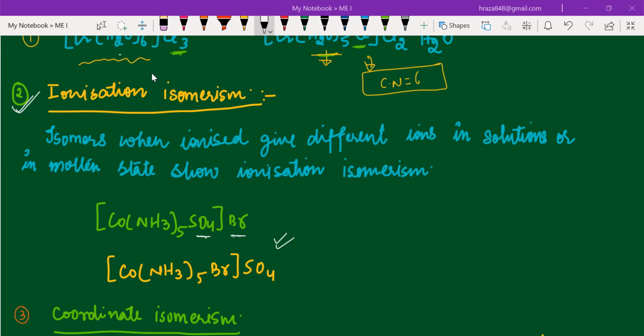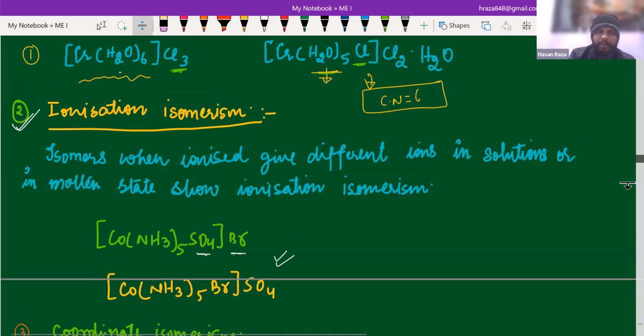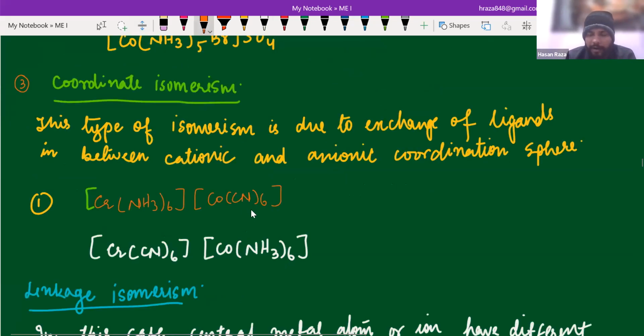Are you done with this? Yes, sir. Okay. Now come to the next, which is coordinate isomerism. Basically, here there will be coordination between these two, and the coordinate ligands change. Now this is the first complex compound, Cr NH3 square bracket Co CN whole 6. Now the ligands will be changed.